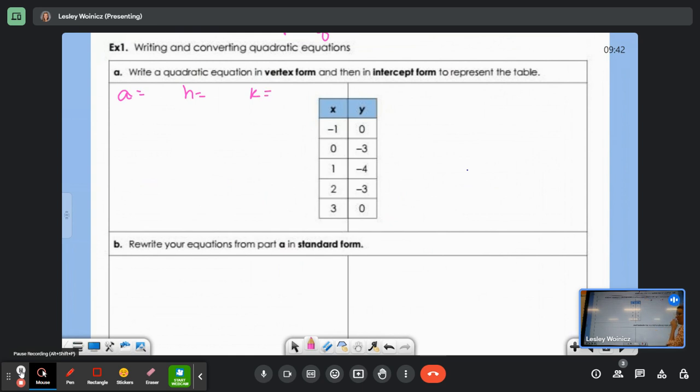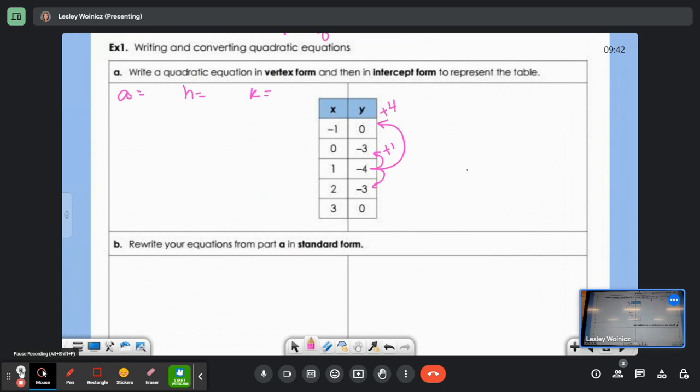Okay, so looking at my table, what is my jump going from -4 to -3, which is less negative? +1, good. Okay, going from -4 to 0, +4.